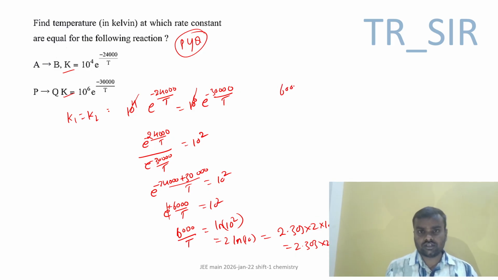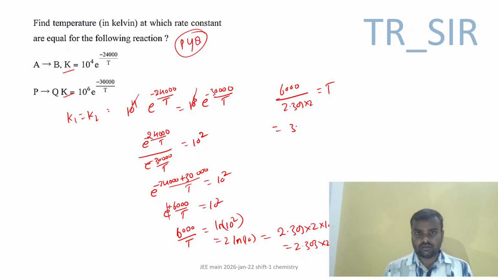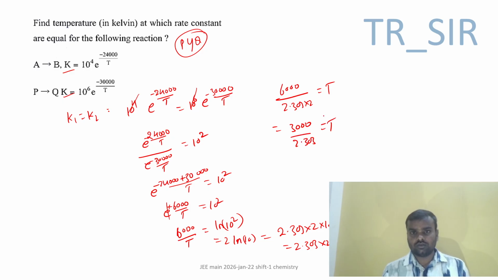Now 6,000 by 2.303 into 2 is equal to temperature. So that means 3,000 by 2.303 is equal to temperature.